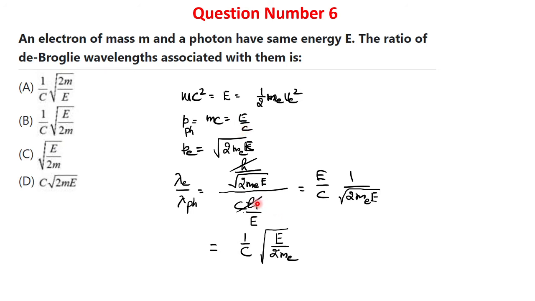So h upon E by c. c comes to the numerator. Okay, h cancels out, and solve the remaining terms. You get the answer: 1 by c root of E by 2m. This is E power 1, this is E power half. The half power cancels, so this term becomes root of E, and re-express it as 1 by c root of E by 2m. So the correct option is option B.